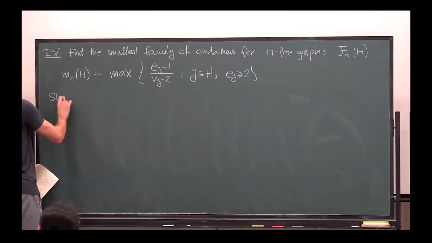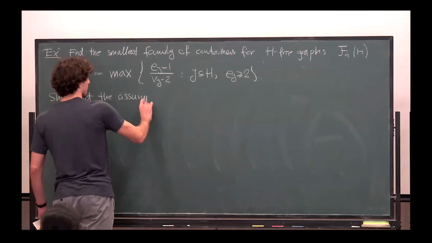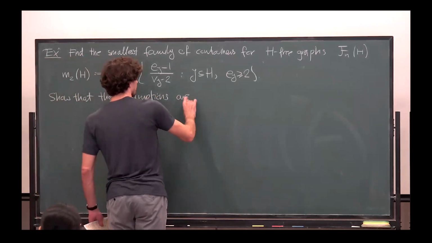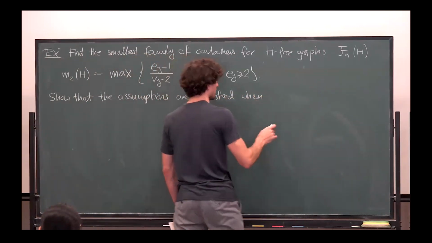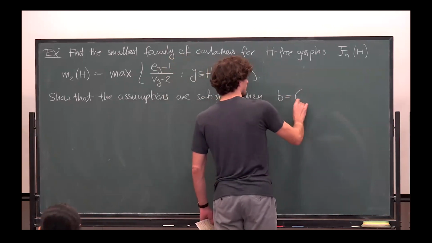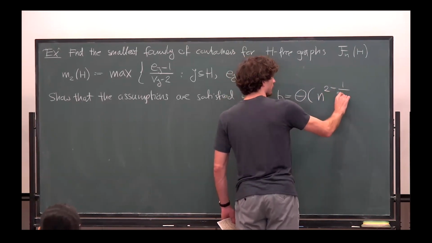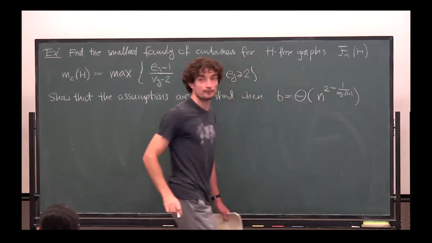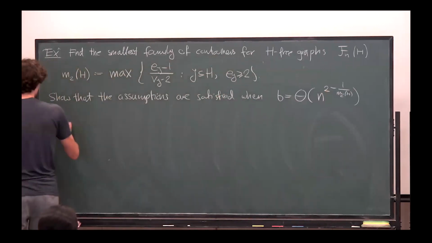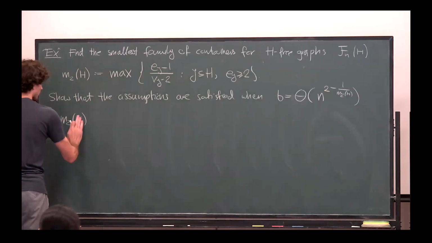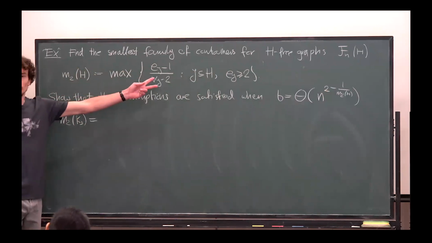And show that the assumptions are satisfied when B is the value n to the power 2 minus 1 over the 2-density of H. And just for a sanity check, what is the 2-density of the triangle? Well, the triangle has only two subgraphs to check.